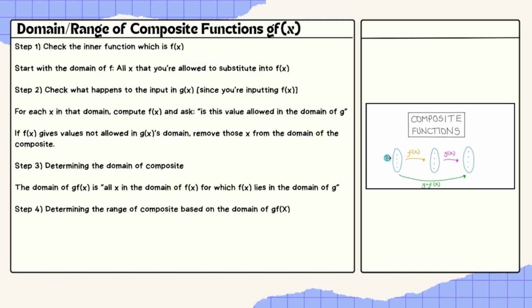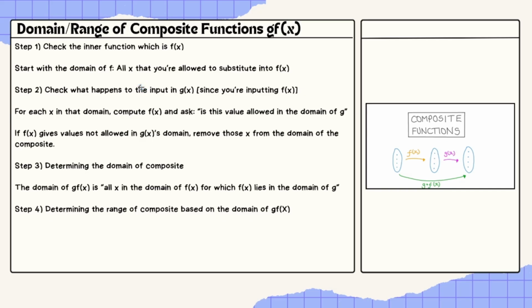You're inputting all these values of x into your inner function, which is f of x, and the outputs you get from f of x will be your inputs for g, because f is the inner function and the y values of f of x go into g of x as an input. So you're basically taking x, inputting that into f of x, and whatever values you get for f of x go into g of x.